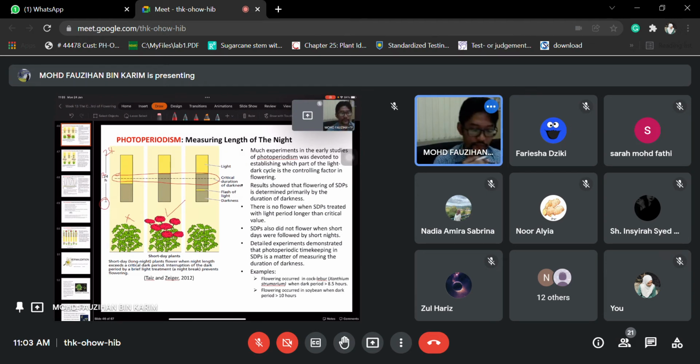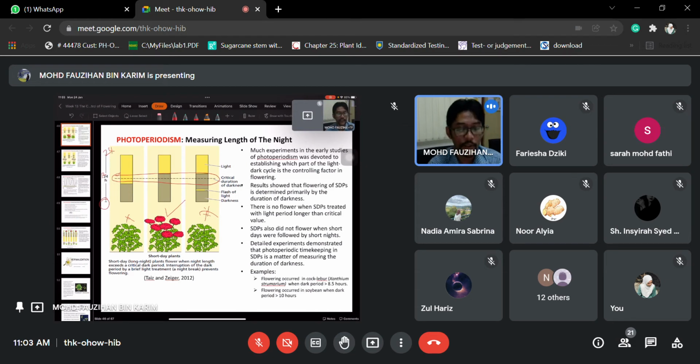All right. If the short day plants are given more than 12 hours of darkness, like the previous plants, it will flower. But if suddenly you give a flash of light during the darkness, dia takkan flower. You kacau sekejap pun dia takkan flower.